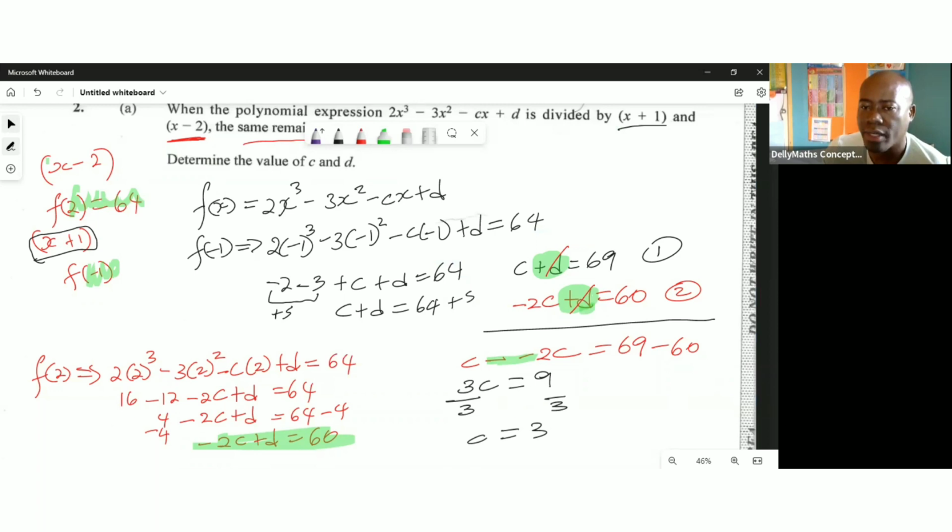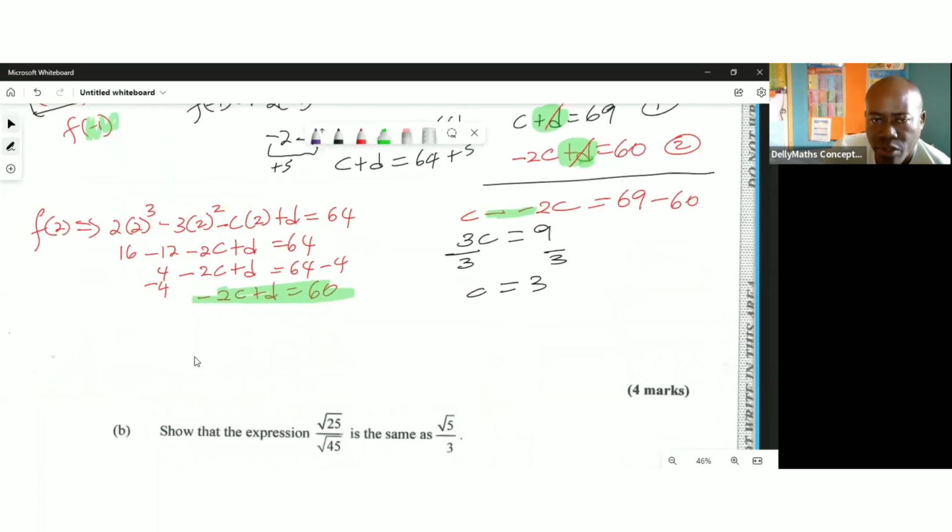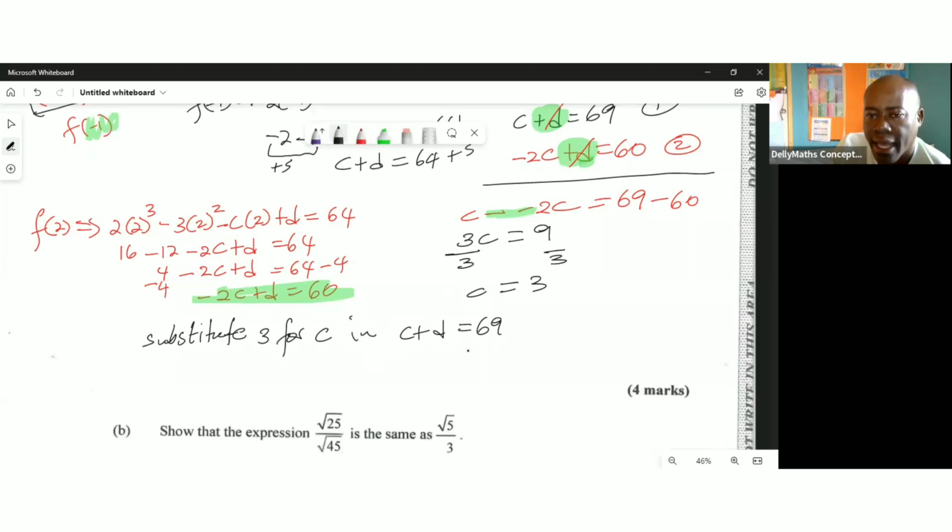So if c is equal to 3, now I could substitute. I want to substitute 3 for c in any one of these that I have. So I'm going to do it in c plus d equal to 69.